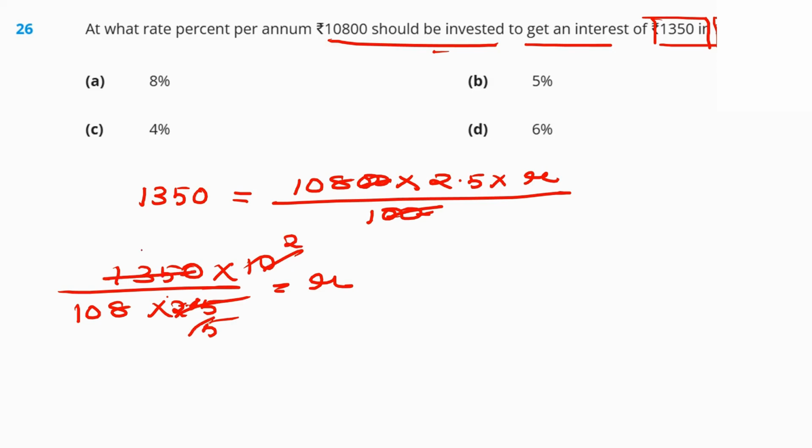This again can be divisible by 5. 5 twos are 10, 35, 5 sevens are 35, and a 0. 270 into 2.5 times 4 is 808. 54 and 270 can both be divided by 27. That's 10 and 2. 2 fives is again 10. So R is left with 5. So that's 5% per annum, option B.